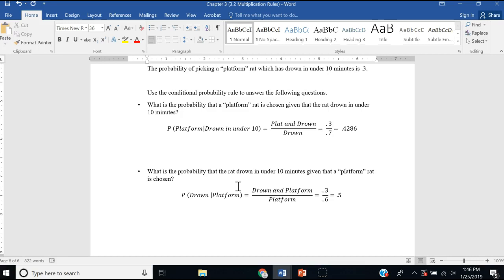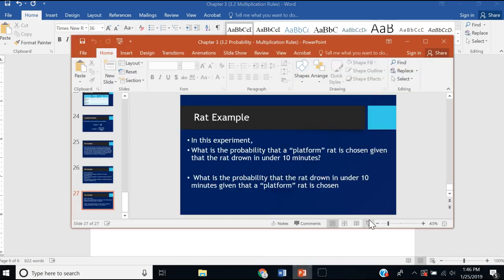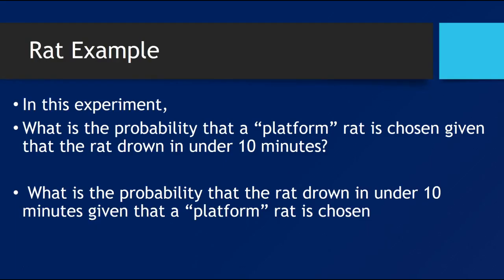All right, so if we're given drown in under 10 minutes and looking for platform rats, that is very different than given platform rats and looking for those who drown in under 10 minutes. Okay, so order of dependent probability, order of that general rule is very, very important.